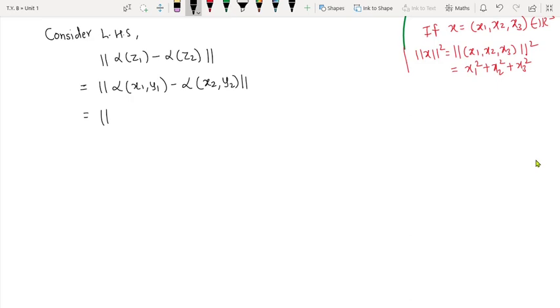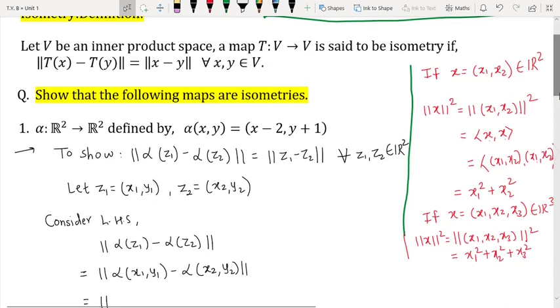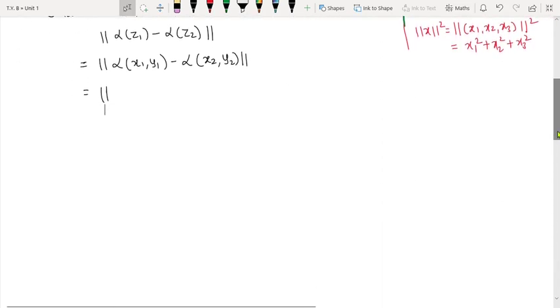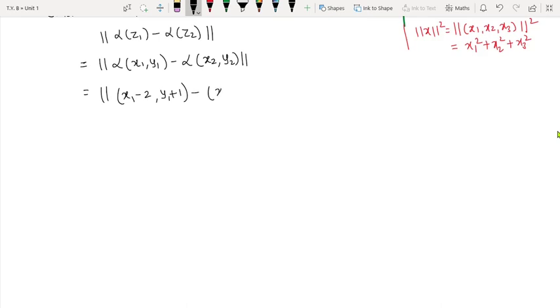now what will be alpha of x1 y1? This is my alpha of xy, that is x minus 2 comma y plus 1, so it will be x1 minus 2 y1 plus 1, I hope you are getting it, minus x2 minus 2 and y2 plus 1, this norm, which is further equal to norm of, now just subtraction, right?